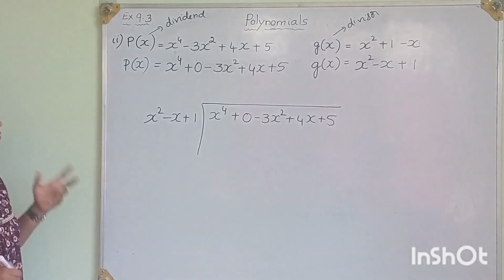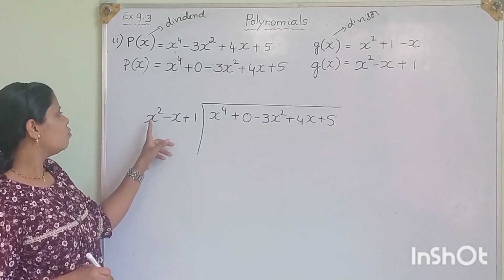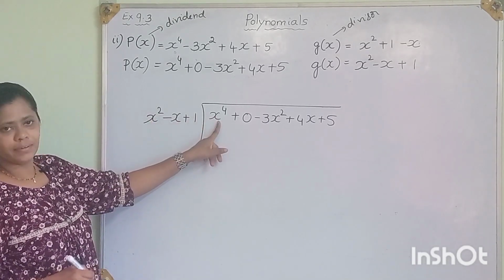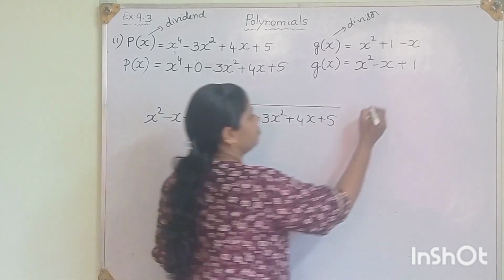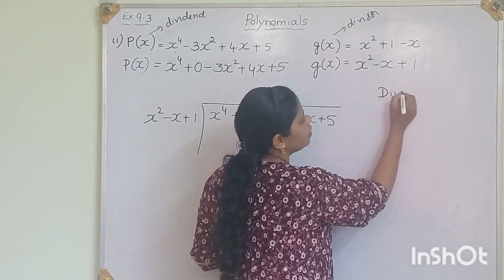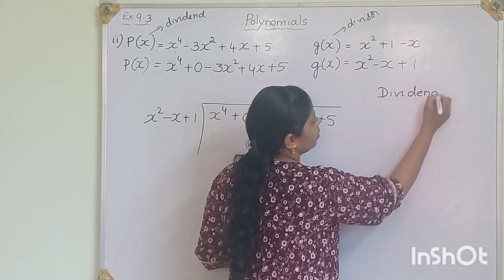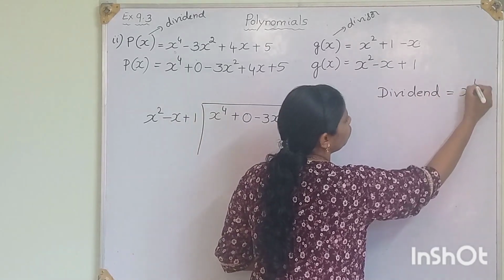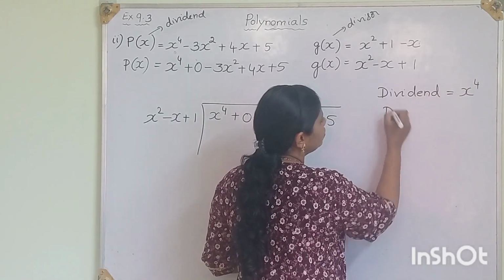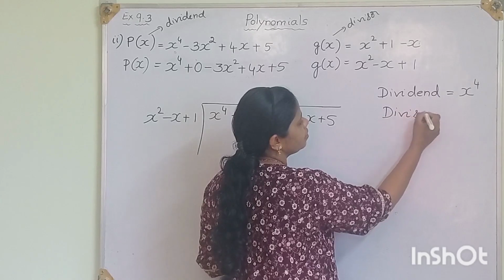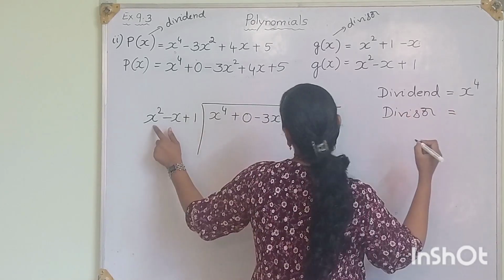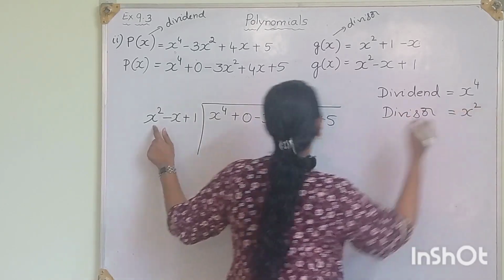Now what is the step we have to follow now? Look at this dividend. The first term of the dividend is x to the power of 4, and the first term of the divisor is x square, right?